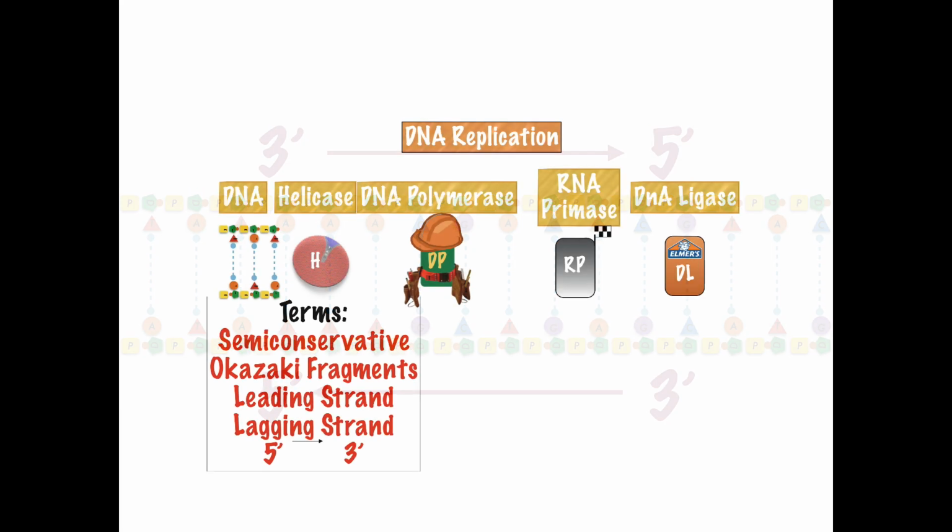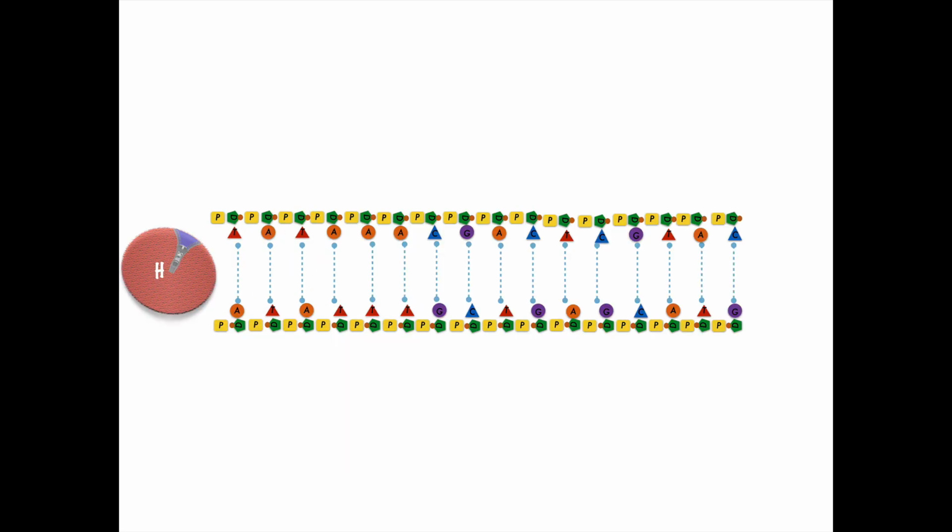All right, so again, here are the different enzymes that are at work in DNA replication. So you have the DNA molecule, obviously, helicase, DNA polymerase, RNA primase, DNA ligase at the end. One of the things that I didn't mention a second ago is that topoisomerase will be the first enzyme to show up, and it will unhelix DNA.